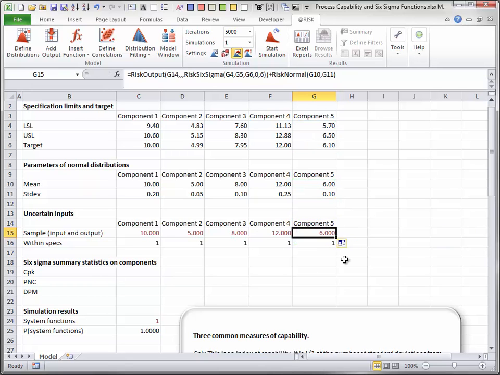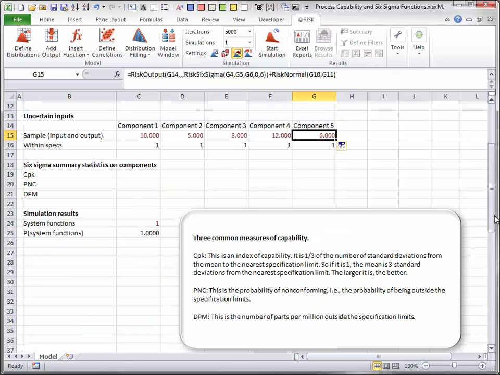Once the RiskSixSigma function has been tacked onto these RiskOutput functions, @RISK Six Sigma statistical functions can be used, just like other @RISK statistical functions. I will use 3 of the most popular of them in rows 19 to 21. They are explained in the text box.